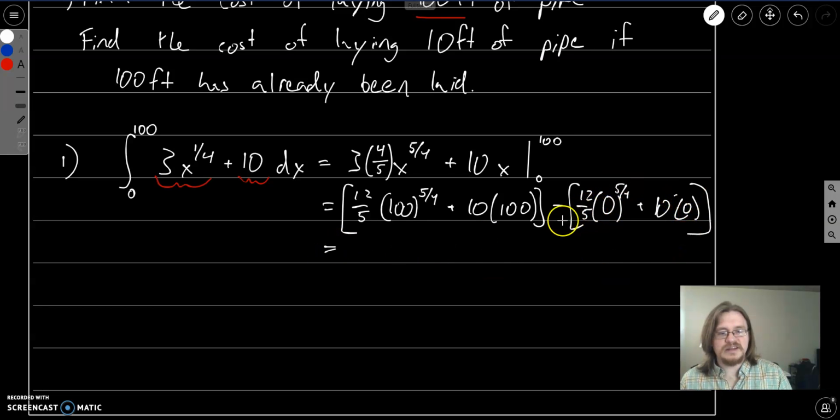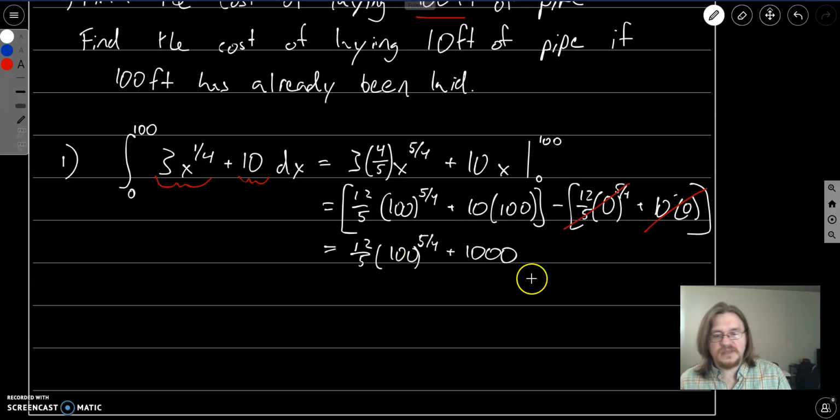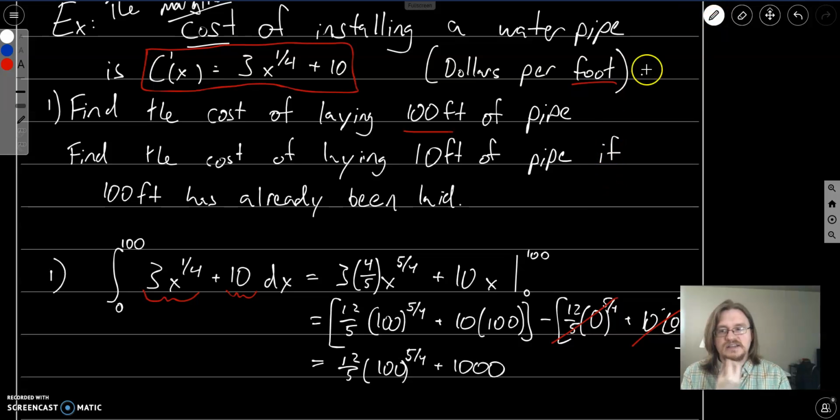Well, 0 times anything is 0, so we get to ignore those. We're just left with 12/5 times 100 to the 5/4 power plus 10 times 100, which is 1,000. This is something we could plug into a calculator really quickly to solve. I will consider the next part of this problem in the next video, when we look at laying 10 feet more of pipe if we've already laid 100.